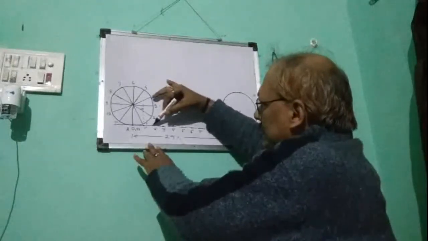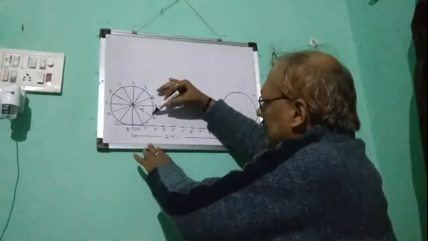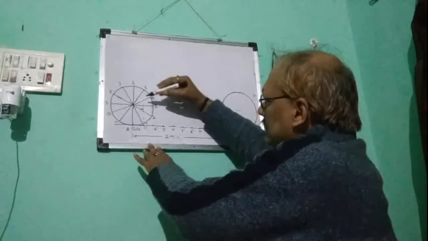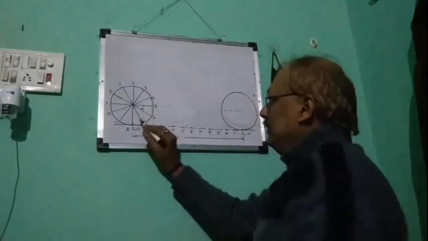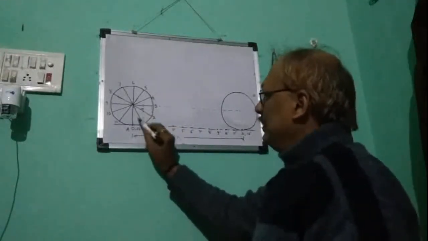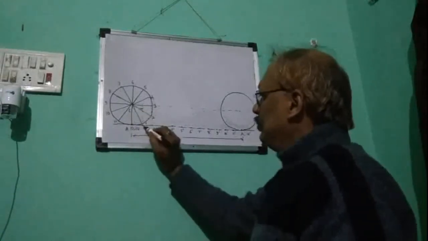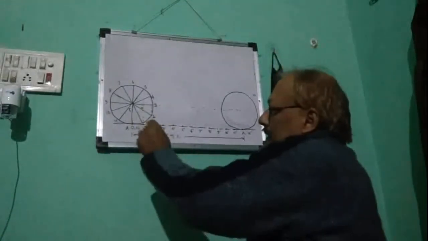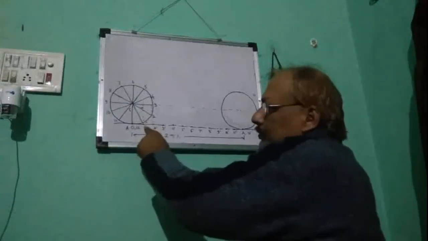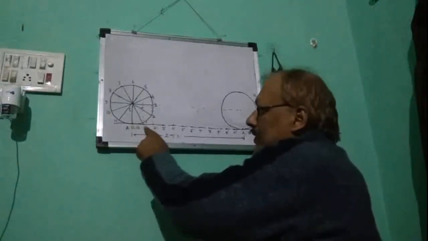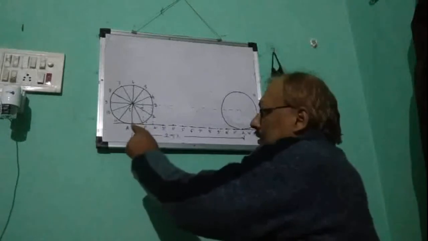Okay. Now from 2 dash, this will be C. When 1 will fall on 1 dash, the foot will be 1 instead of A. A is on the circle.